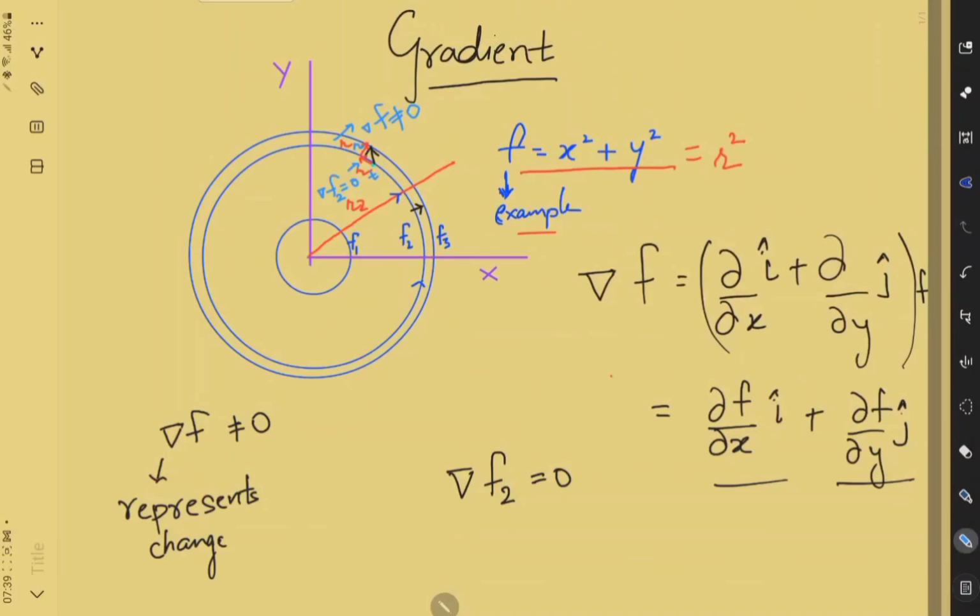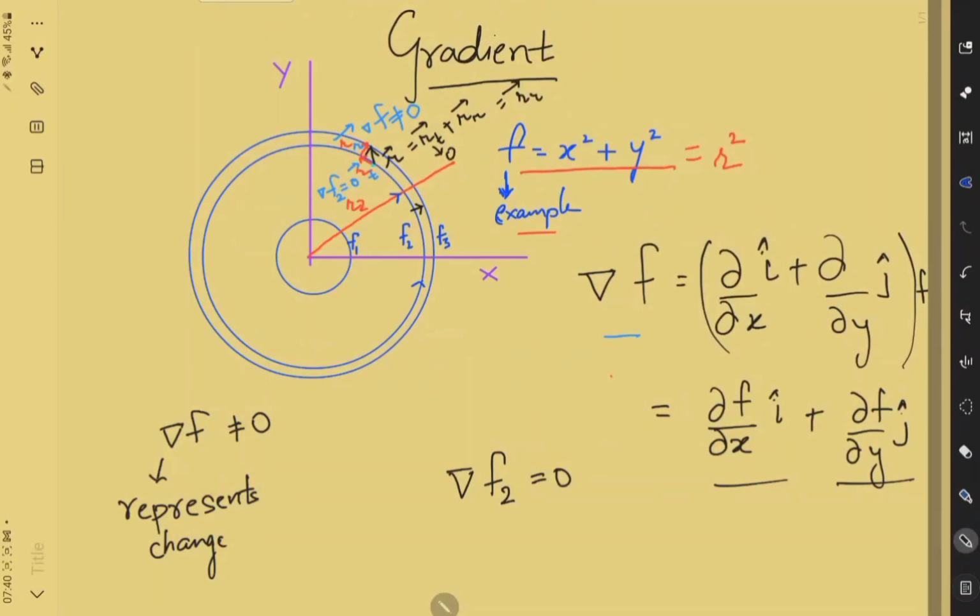That's why our general vector is left with only the radial component, because our tangential component is 0.